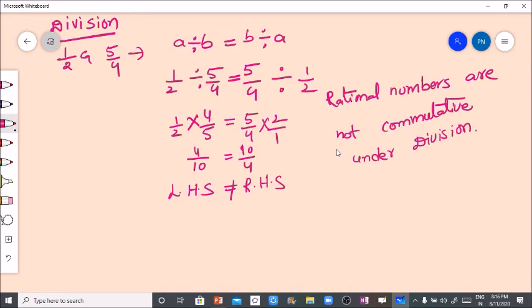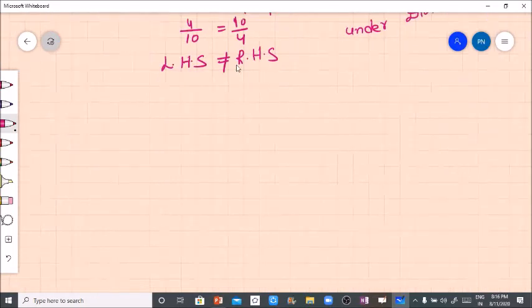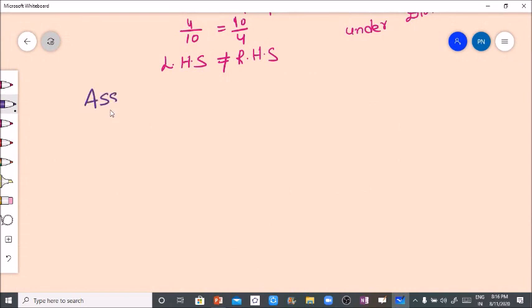Very good. Okay, our next property is the associative property.